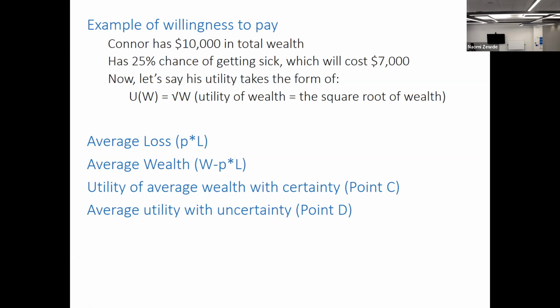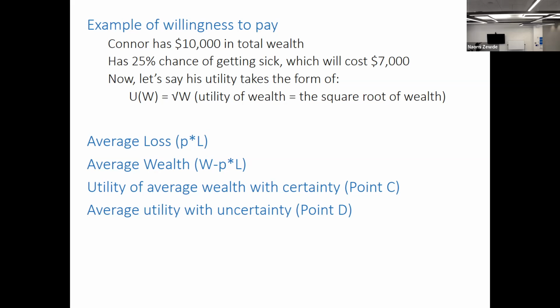Okay, so first of all, we have the average loss. We had that, so we can just move on. We'll do the average utility under conditions of uncertainty. Now we have a 25% chance of losing everything, in which case this person would have 10,000 minus 7,000 equals $3,000.